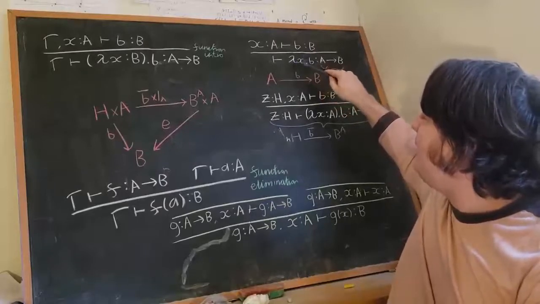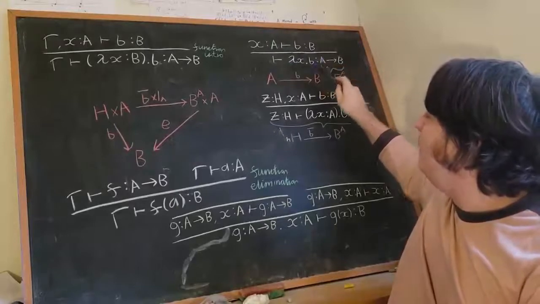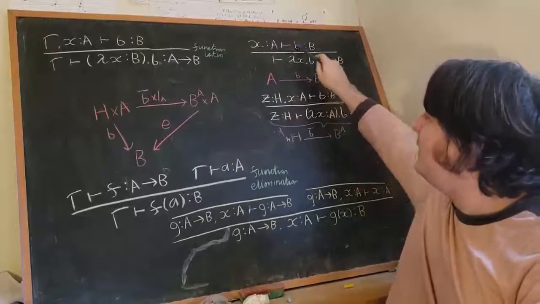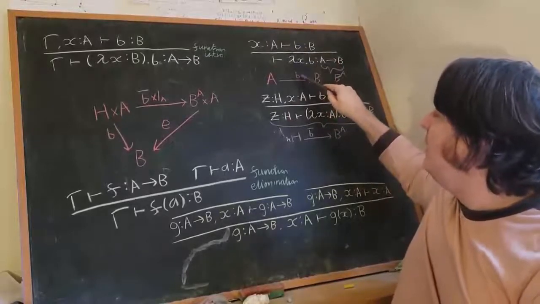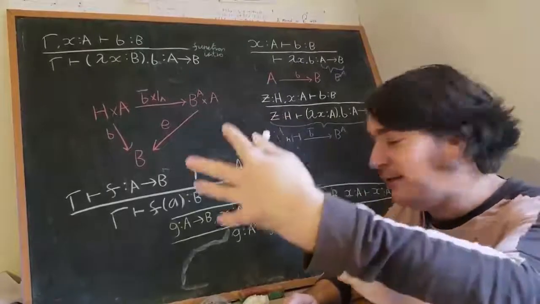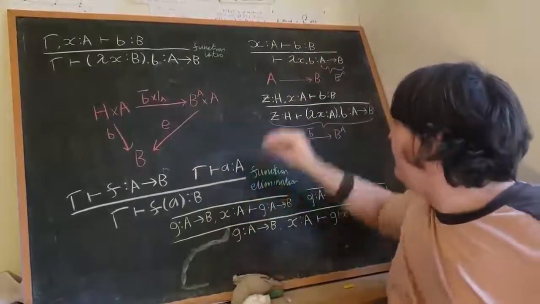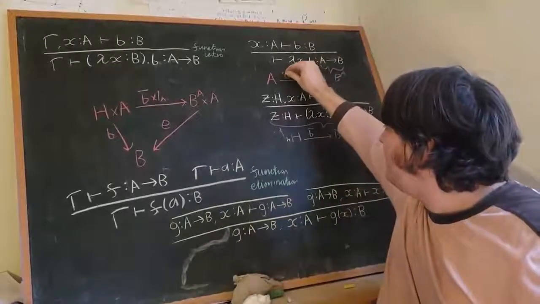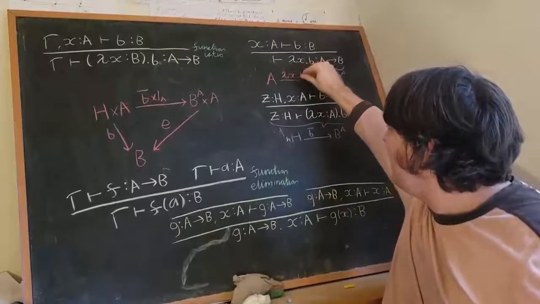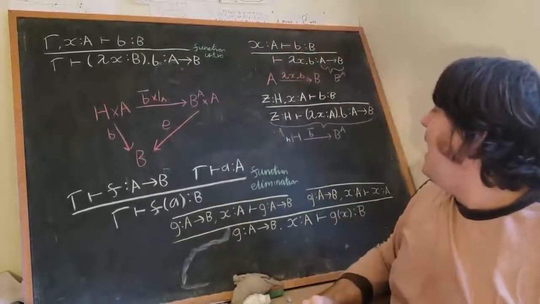It takes in a value x and it returns b. And so when we think of how to represent this, we may like to represent it like this, to just say that this term b here gives us an arrow from A to B. Or we might want to think of it like this, that it takes in a value x and it returns a value b, and it's really a function from A to B.